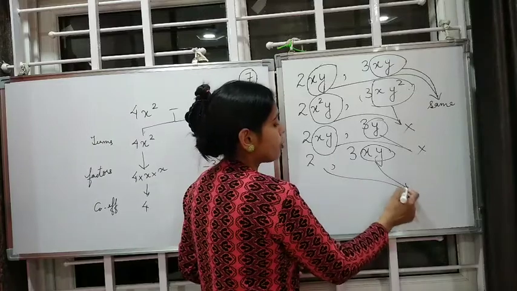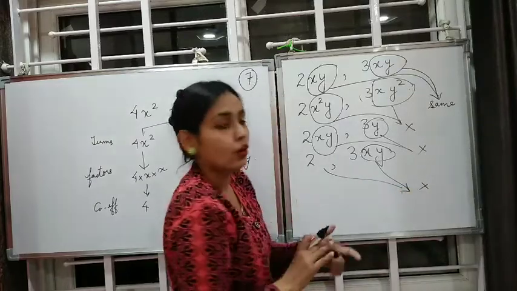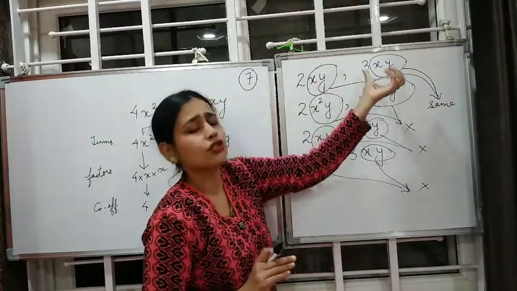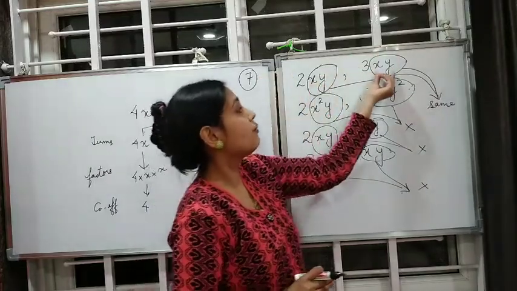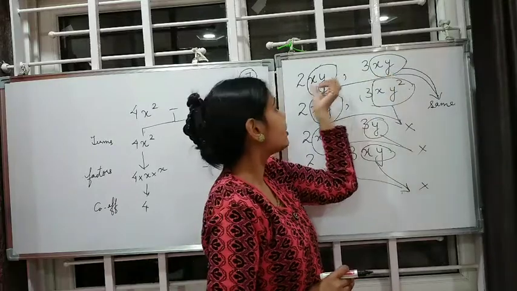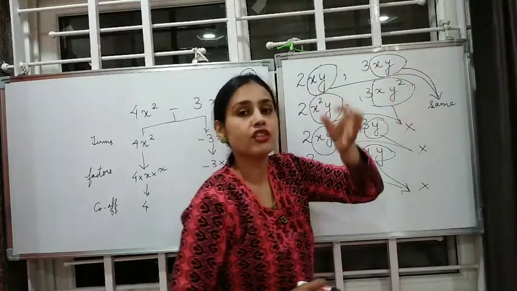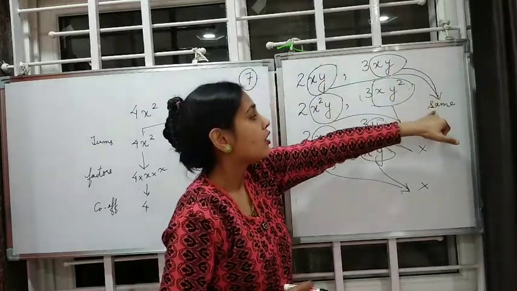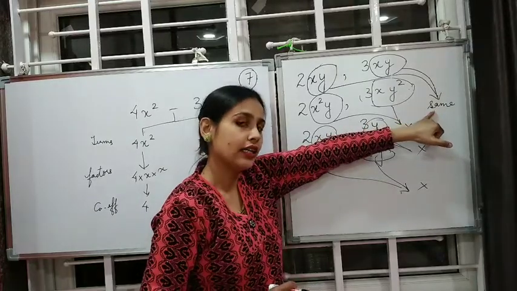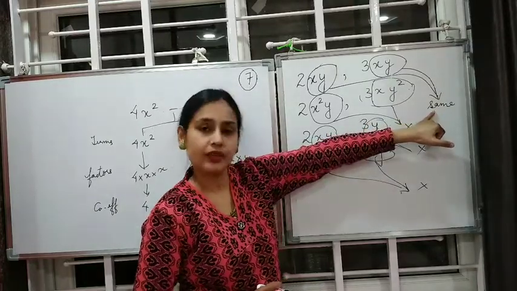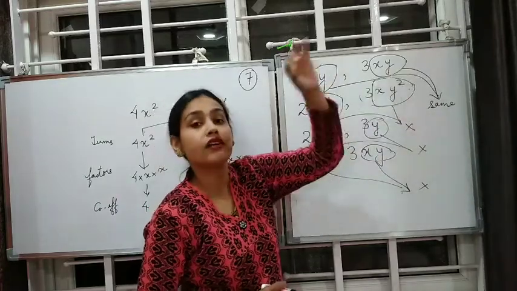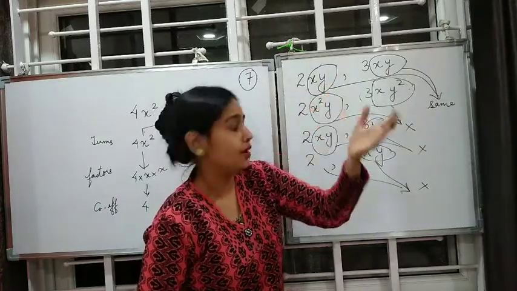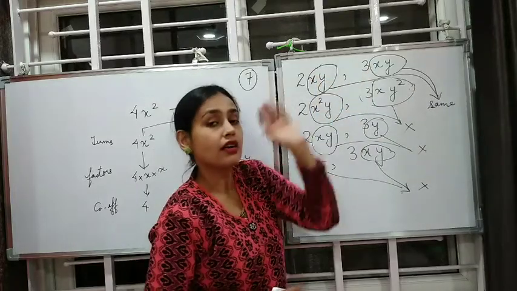Are the variables common? No. So, the terms where the variables are common, children, such type of terms are called like terms. They are called like terms because their variables are same or common. You can say, children, even their parts are same.